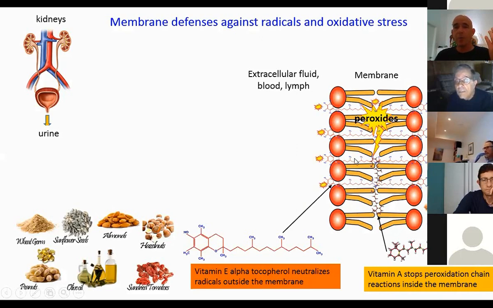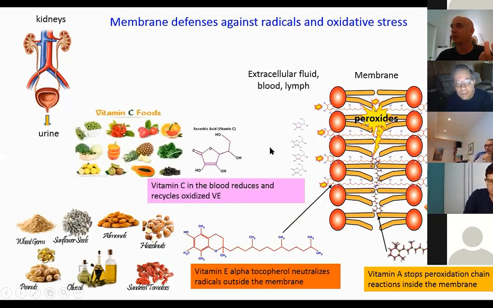And now we have radicals, and the radicals try to attack the membrane. Actually, they don't try to attack anything. They just float in the blood, and they come there. And the vitamin E scavenges these radicals, actually these protons. Now the vitamin E is neutralized because it's oxidized and it can't work.